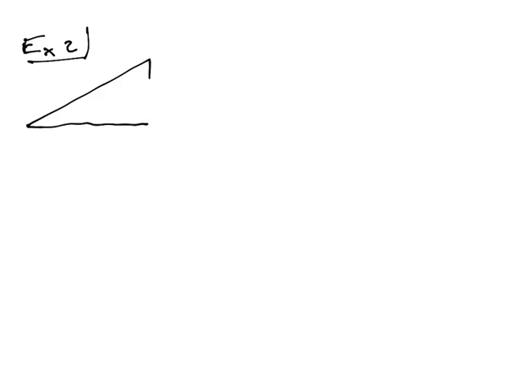So here's a ramp. The ramp is inclined at 30 degrees. The block is sitting up here, and it has a mass of 10. Now for this particular question, I want to find the acceleration of the block.